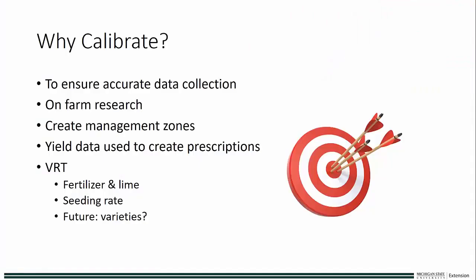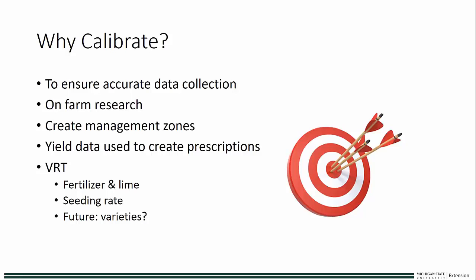So first off, why do we want to calibrate? The most important thing is to ensure that you're getting accurate data collection. We use the data from yield maps to make a lot of decisions. We can use it to conduct on-farm research, create management zones, and a lot of farms are starting to use their yield data to write prescriptions to do variable rate technology: fertilizer and lime, some are varying seed rates, some are using split planters to do different varieties in different sections of the field.